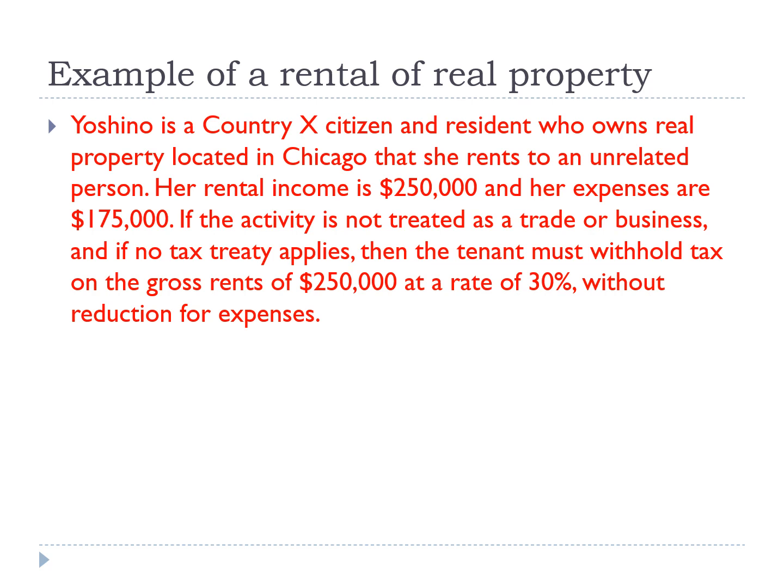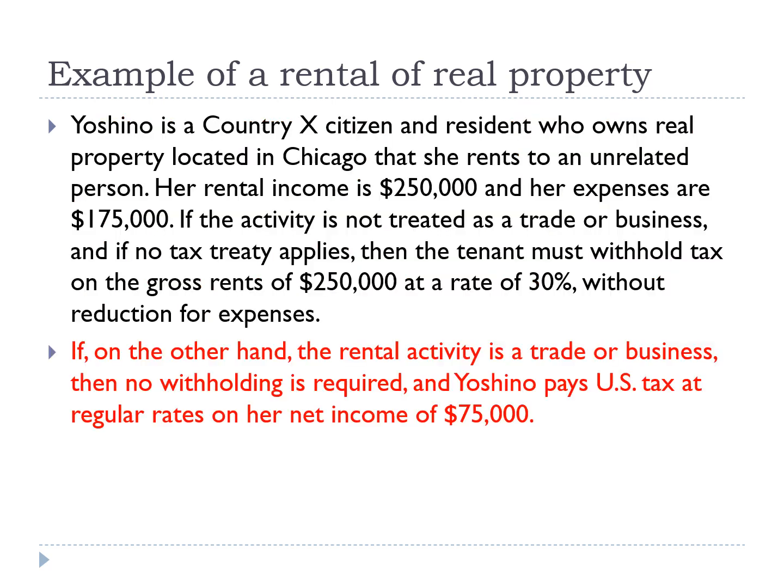If the activity is not treated as a trade or business, and if no tax treaty applies, then the tenant must withhold tax on the gross rents of $250,000 at a rate of 30% without reduction for expenses.